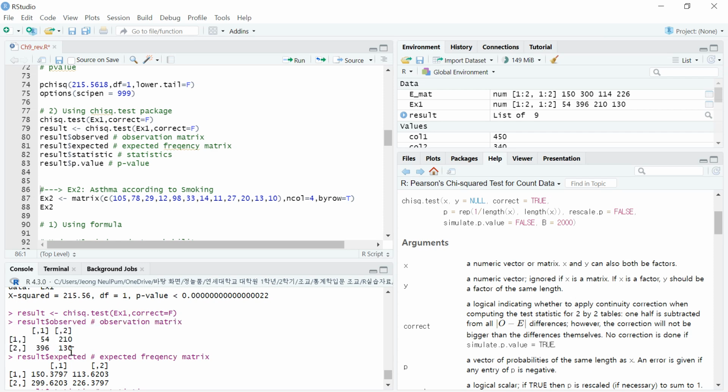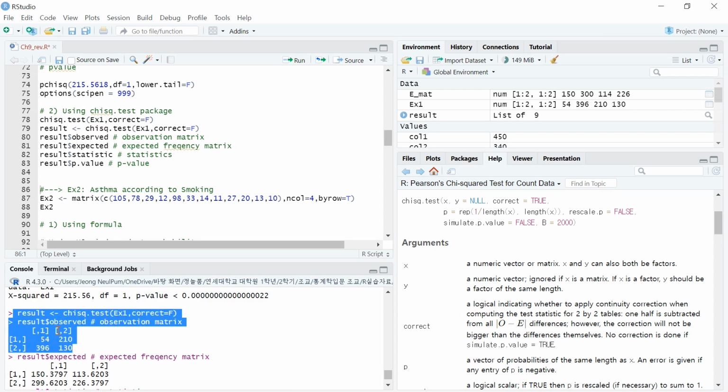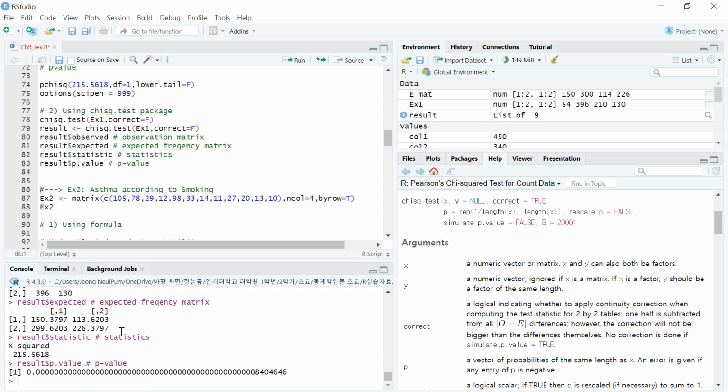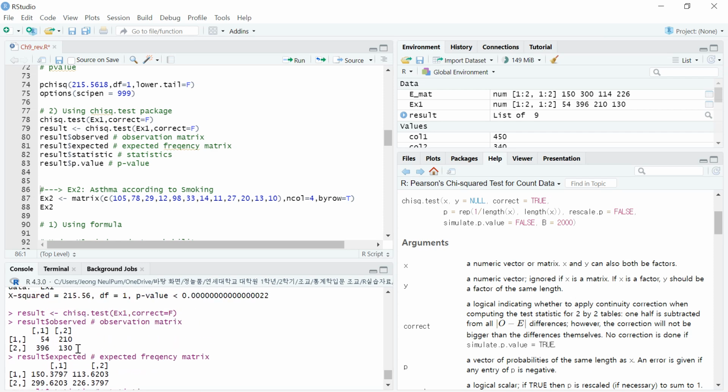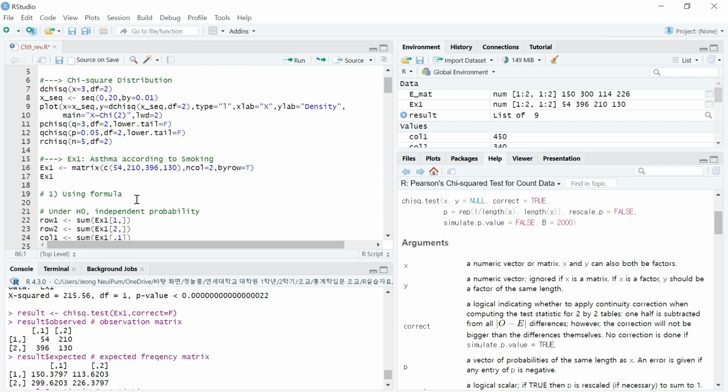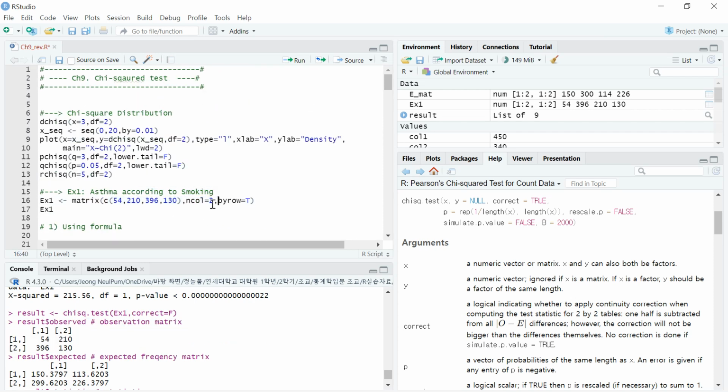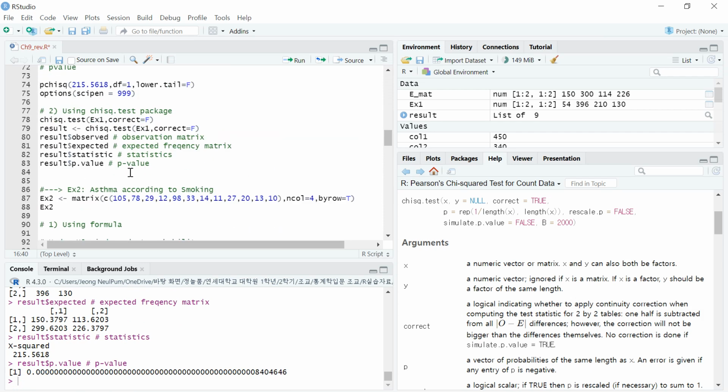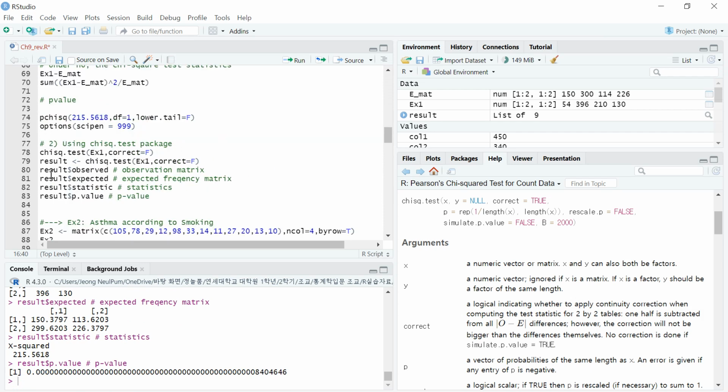So this matrix is nothing but the expected frequency that we calculated. Sorry, this is just the observation, right? Yeah, here. I apologize.